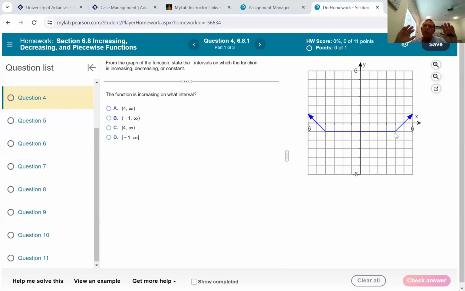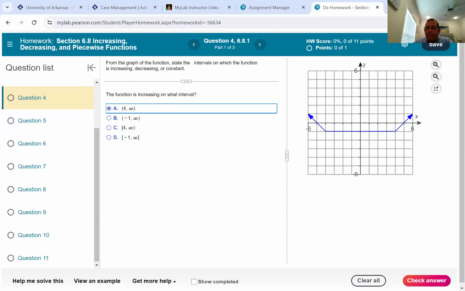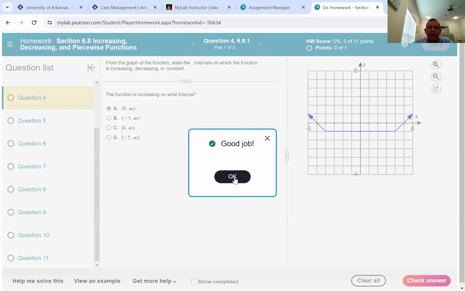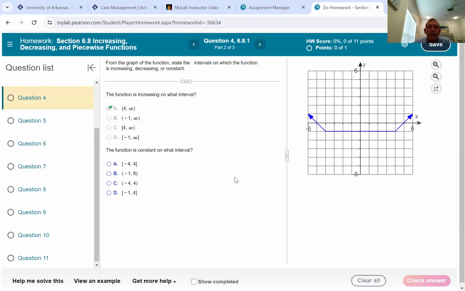So we would use curvy parentheses because that's pretty much the changeover point. So remember, on the intervals, you're always going to use parentheses. Now, we will use the brackets later, but we're going to use those when we do the range. Okay? So that would be actually A, y'all. And then you check that. So let's see what's next.